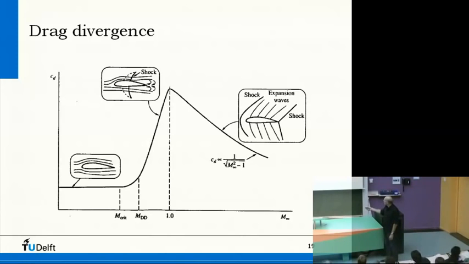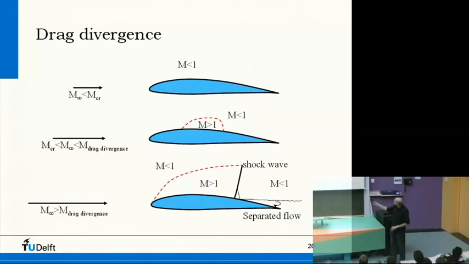Here, in between, nothing significant happens. I mean, somewhere locally on the airfoil, there is a sort of region where the Mach is more than 1. Here you see it. If the Mach number is smaller than the critical Mach number, then this is just subsonic flow.